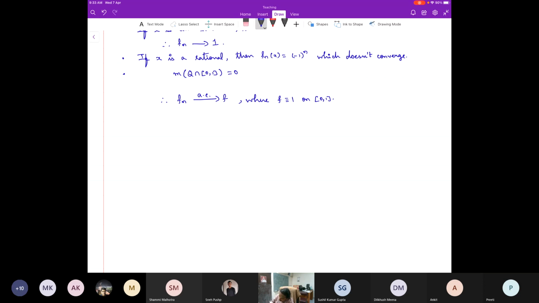Well, let's observe some simple facts, then we should be able to. So let fn be a sequence of real valued measurable functions.